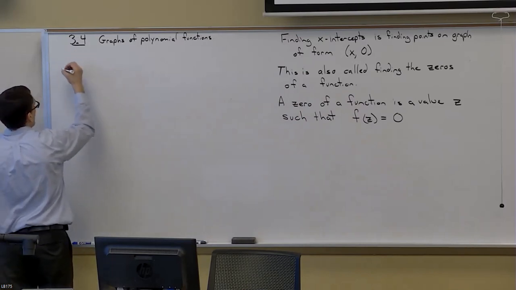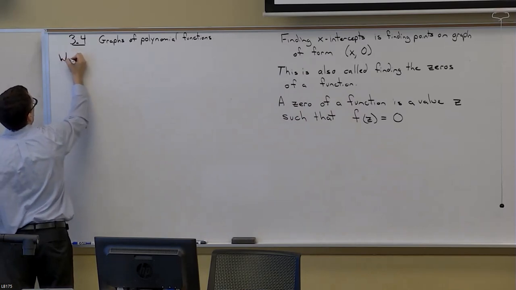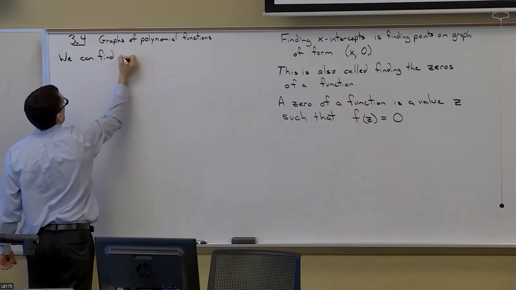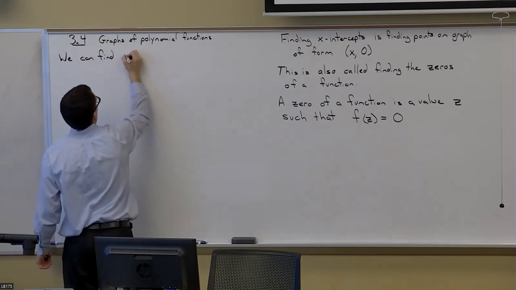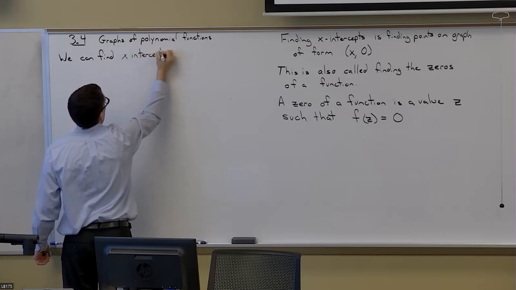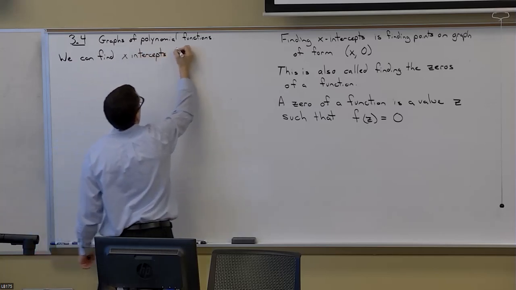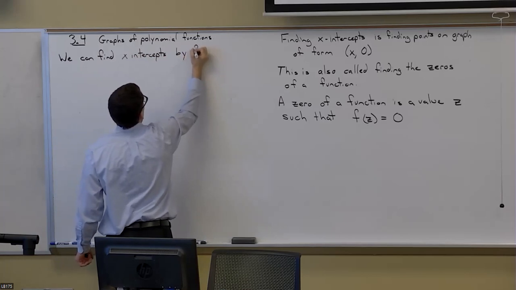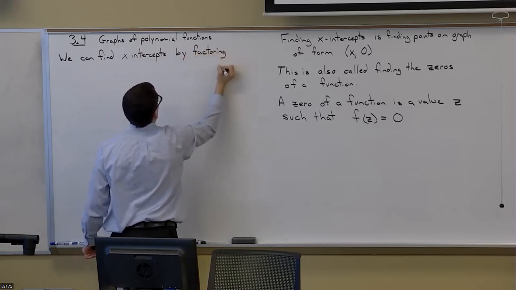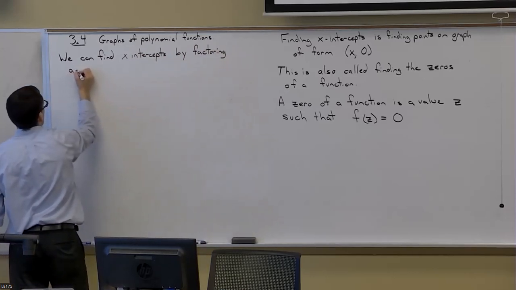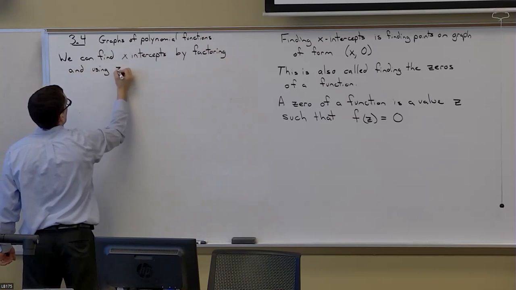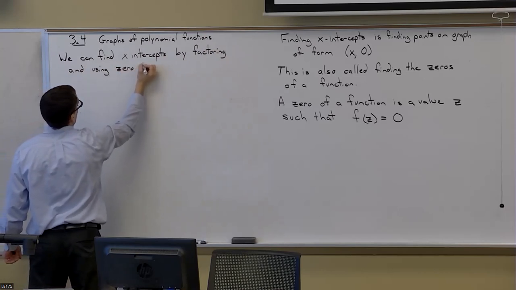is factoring. So we can find x-intercepts by factoring and using the zero factor property.